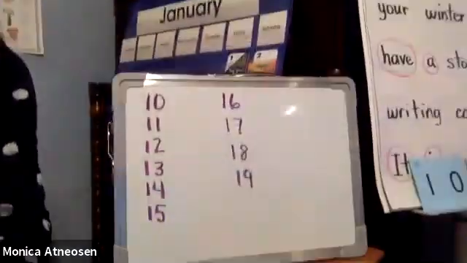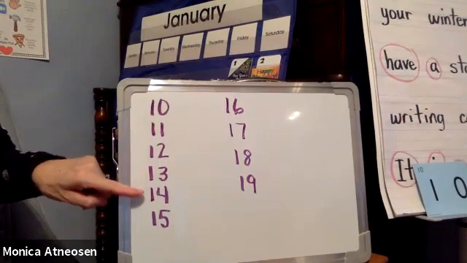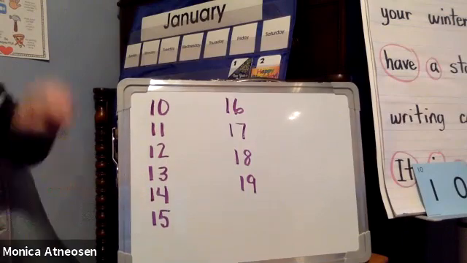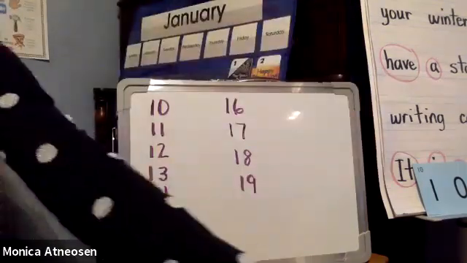You can do it with me, you remember. 11, 12, 13, 14, 15, 16, 17, 18, 19. Now that one is a teen number. And some of these over here are also teen numbers, starting right here, 13, 14, 15, 16, 17, 18, 19.